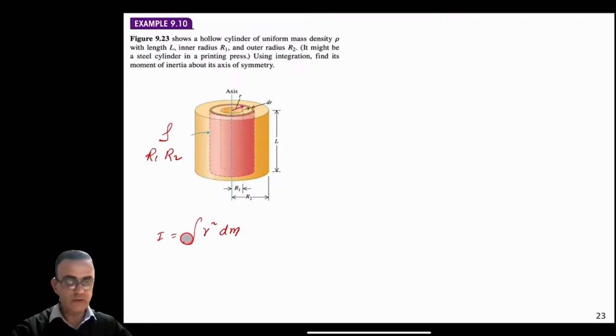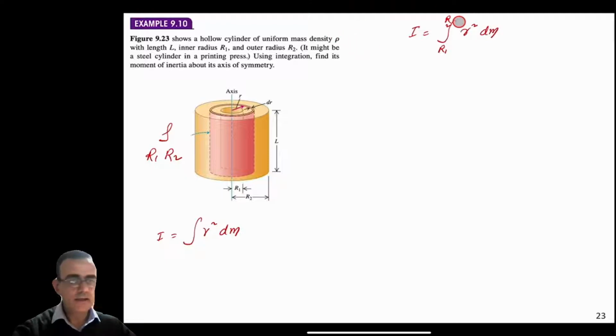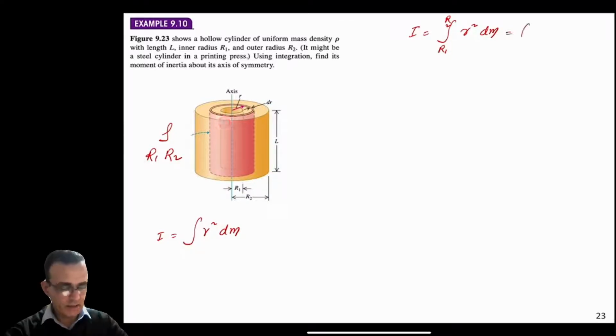So what we will do is write that I is equal to the integral from r1 to r2, where r1 is the internal radius and r2 is the external radius, of r square dm. Here dm is the mass of this small element, which is dr. So we can represent this as the integral from r1 to r2 of r square, and dm is just the density times the volume.